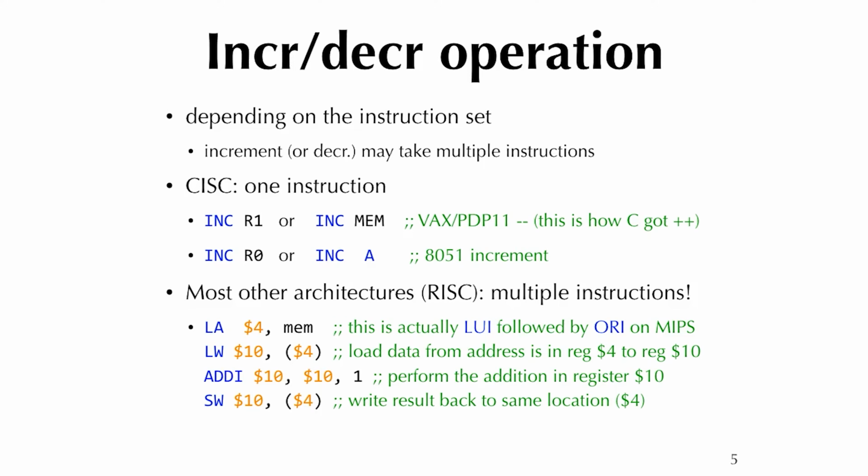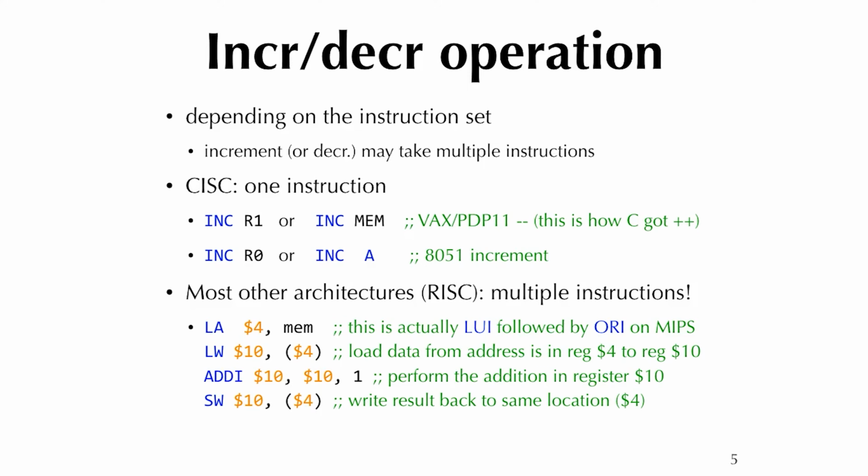Well, with RISC architecture, a little increment like that turns into 4 or 5 instructions. And so what does it do? Well, this is an example taken from the MIPS architecture. Some of you may have had it, but let me explain that to you. So LA is actually a load address instruction, kind of like move A to DPTR on 8051.